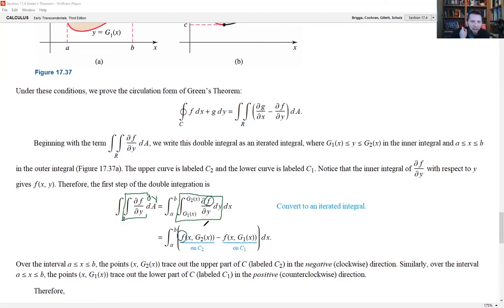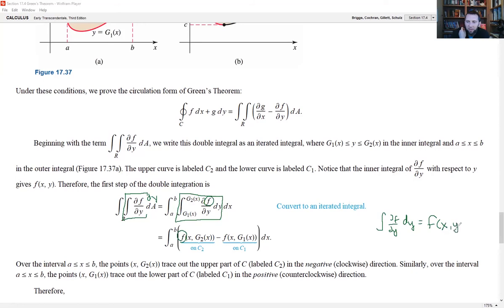And so we would take that f and evaluate it at the top point and at the bottom point. So the antiderivative of the partial of f with respect to y, dy, would be f of x, y.